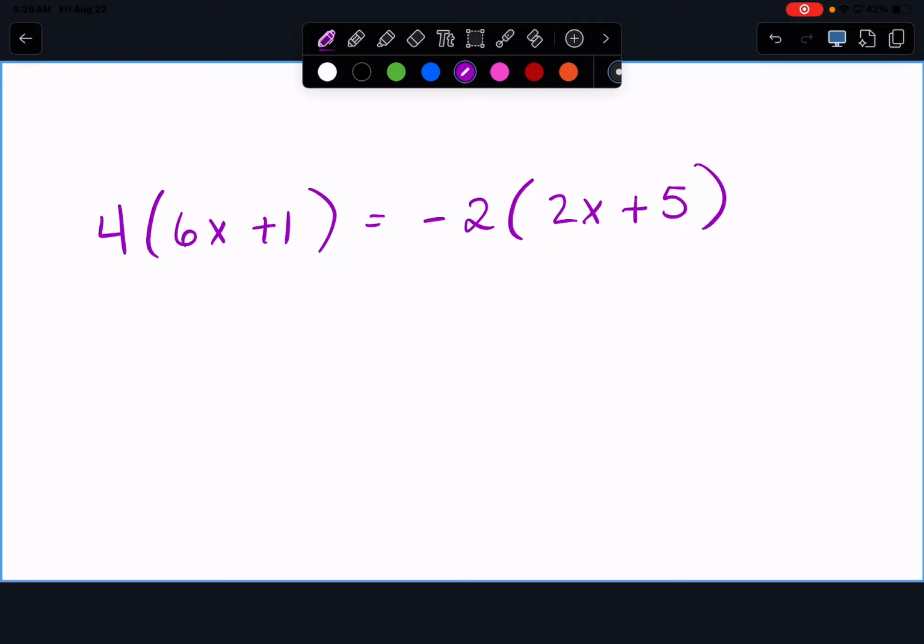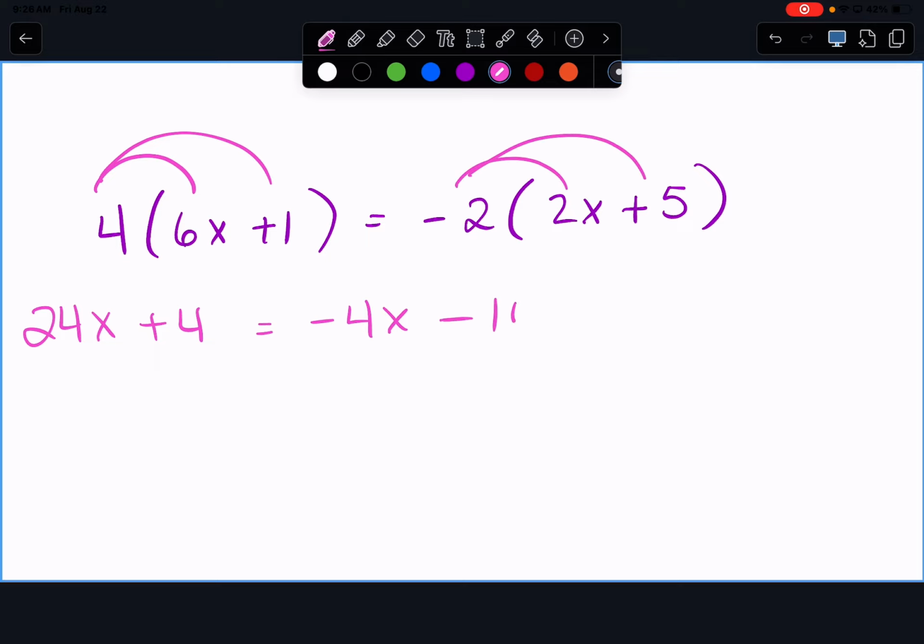So what is 4 times 6? 24x. What is 4 times 1? Okay. For the other side, what should I write? Minus 10, yep. Now, what do I do? Add 4x.